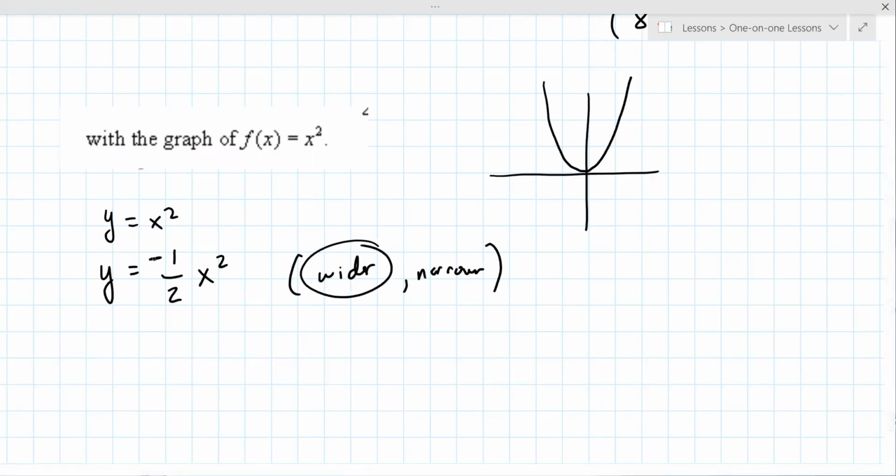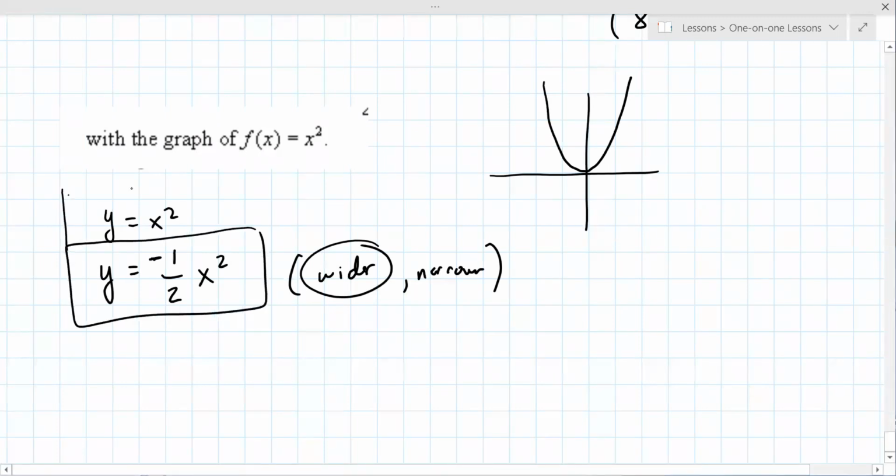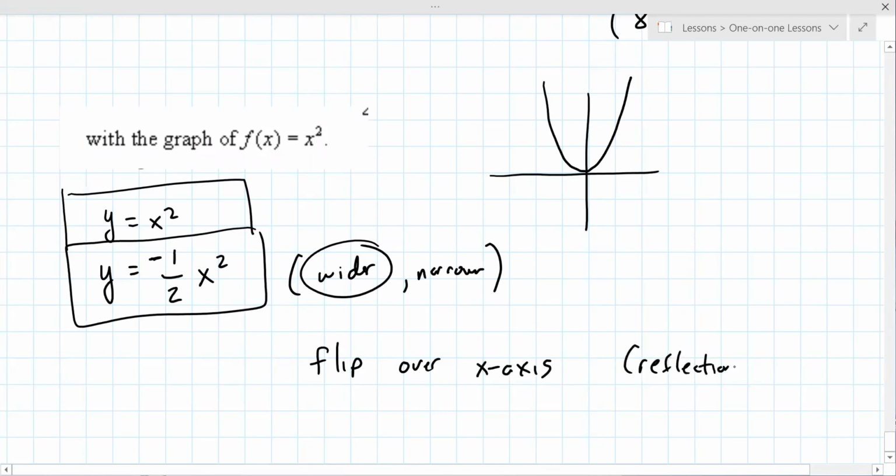Now I want you to put a negative in front and tell me what you see. We're only making changes to line 2. Yeah, it's upside down. The second line. Okay, so that's called a flip over the x-axis, or sometimes it's called a reflection.